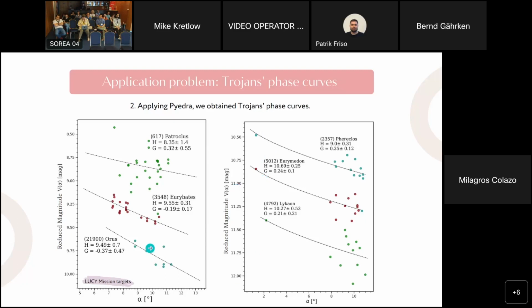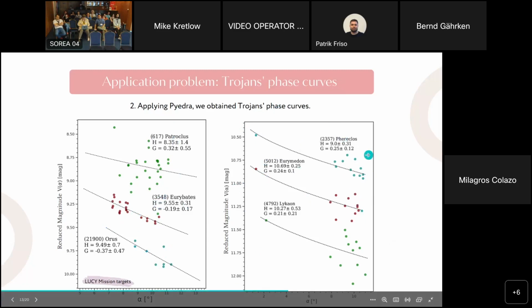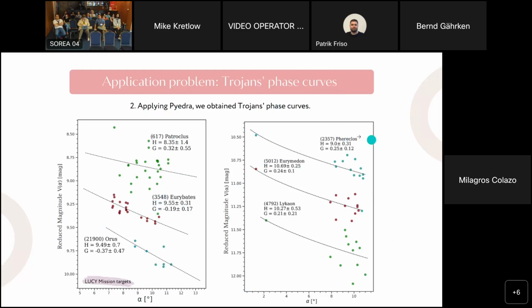The other problem is that if we want to study the targets of the Lucy mission, we only found these 3 in Gaia DR2, but they are not present in the other catalogs. Fits with only 1 point here and this data with so much dispersion from Gaia are not so reliable.